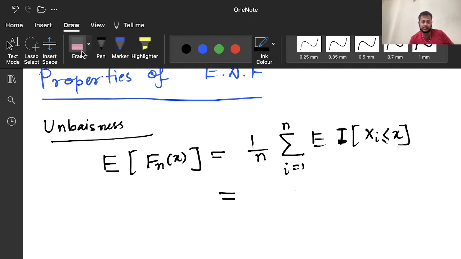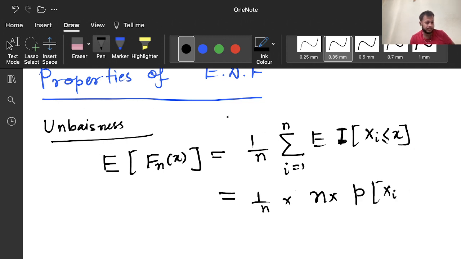Because expectation, you see, this will be 1 by n into probability of X less than small x.